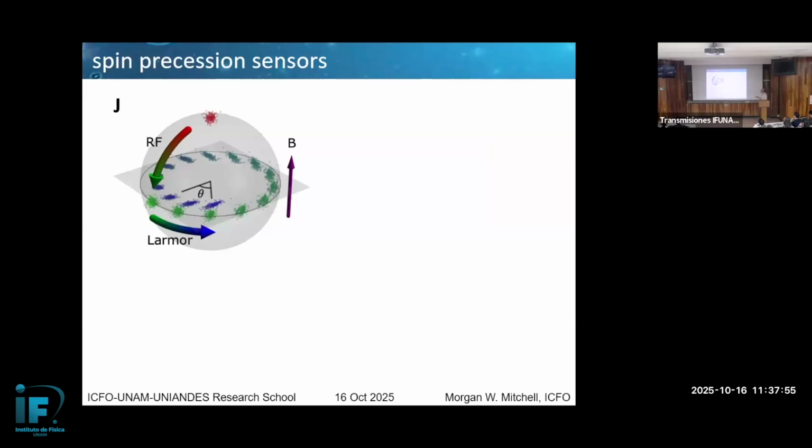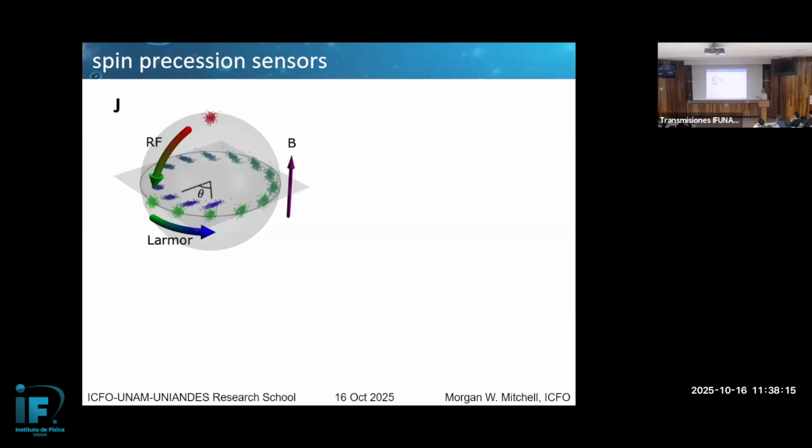We first look at how the magnetometer that we had available to us, which was a Bose-Einstein condensate, could measure magnetic fields. So we start with the atoms in an initial starting state. We tip them down to the equator. We allow them to precess.